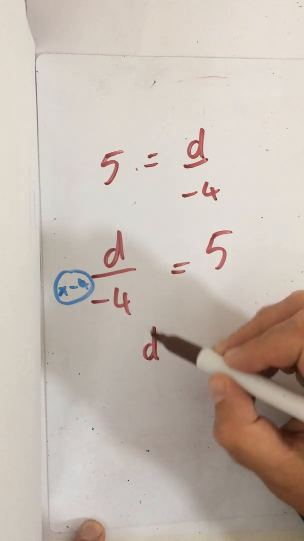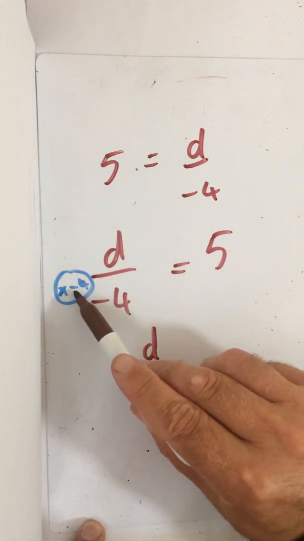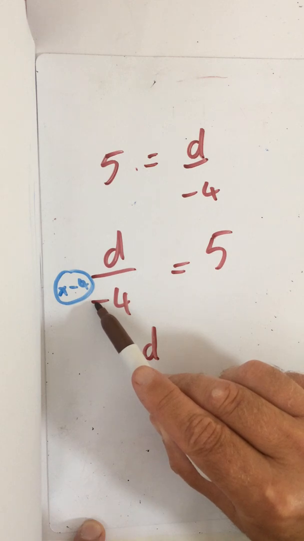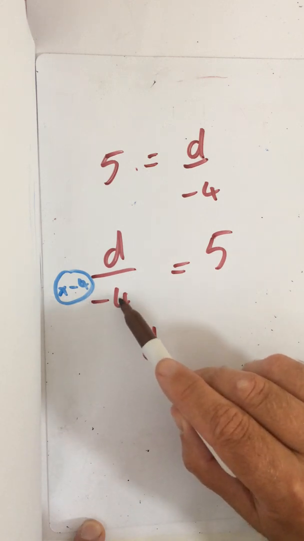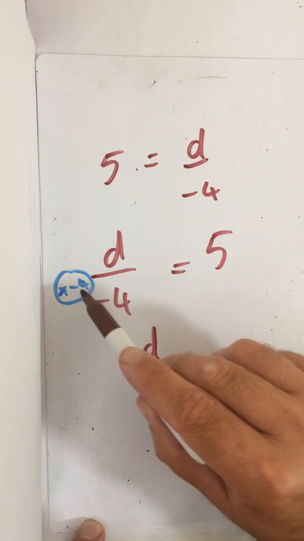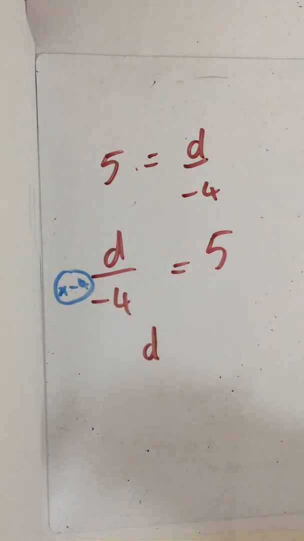So I'm going to times it by minus 4, and that leaves me with d. It's because a minus divided by a minus gives me a positive, and I want this to be a positive d.